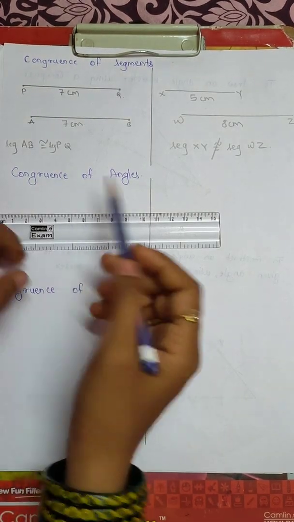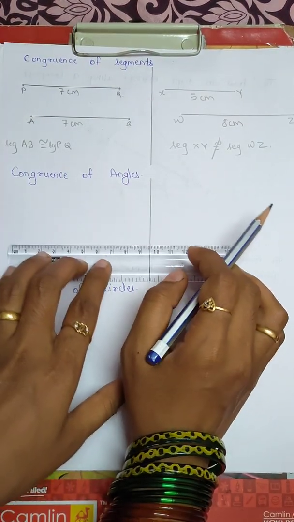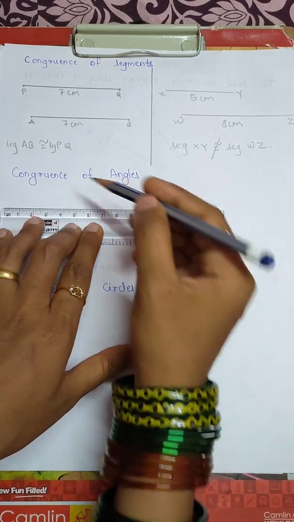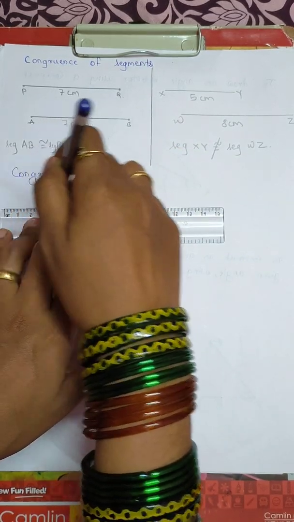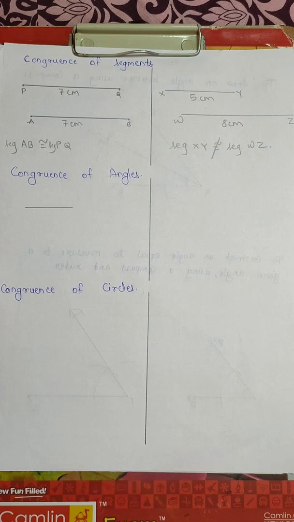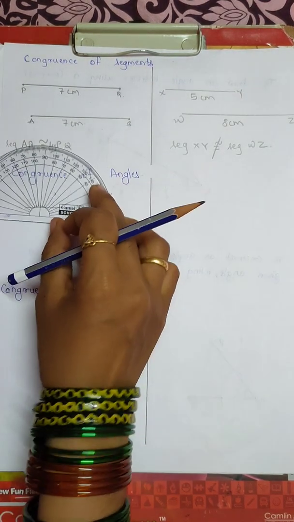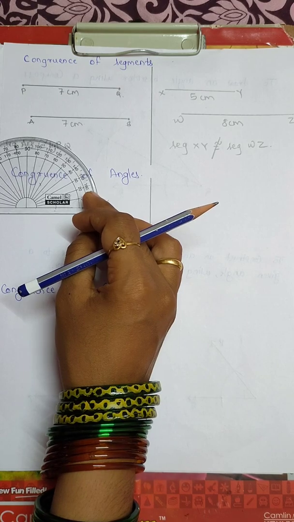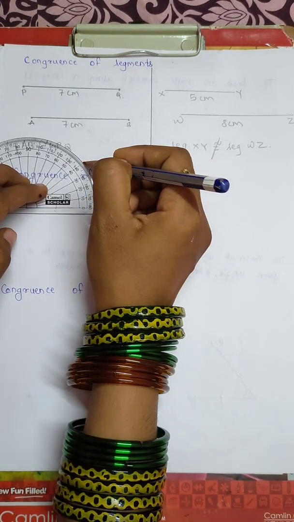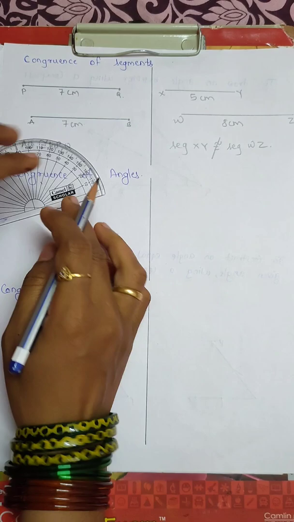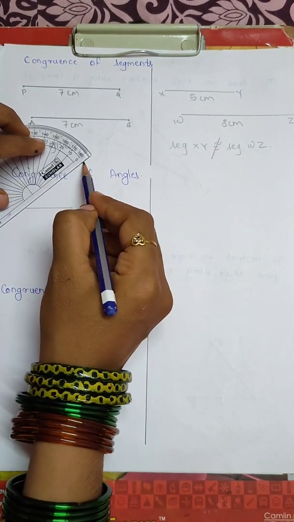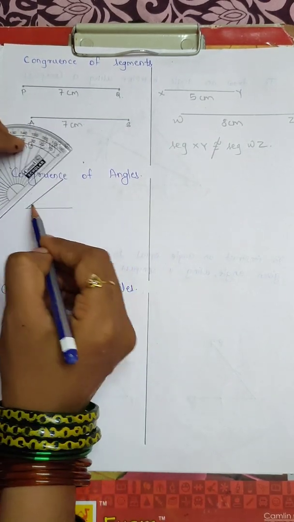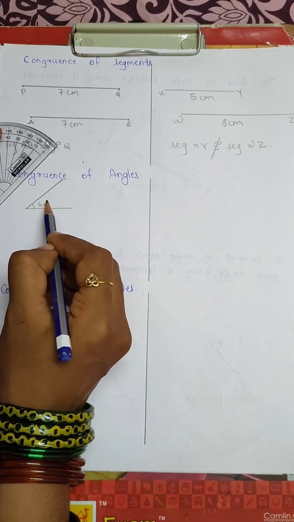Let's see congruence of angles. We have to draw an angle now. Let's draw an angle of 40 degrees. This is an angle of 40 degrees.